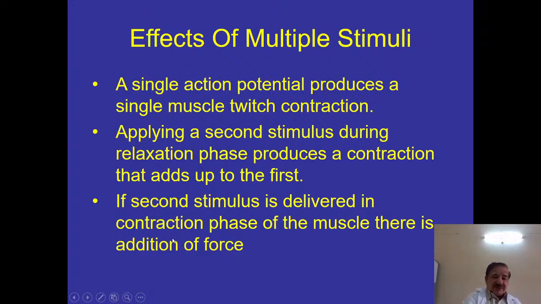If you are giving it in the contraction phase itself, then what will happen to the curve? It doesn't have a relaxation time. You are giving it before the relaxation, delivered in the contraction phase itself.